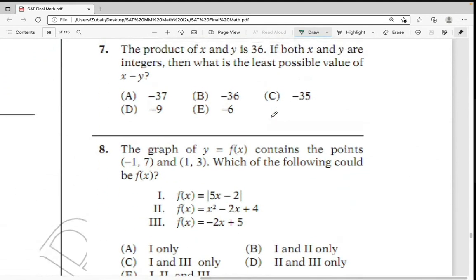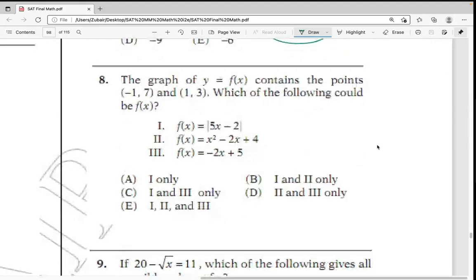Try question number 7 and 8. Minus 35, sir. That is correct. This is also minus 35.